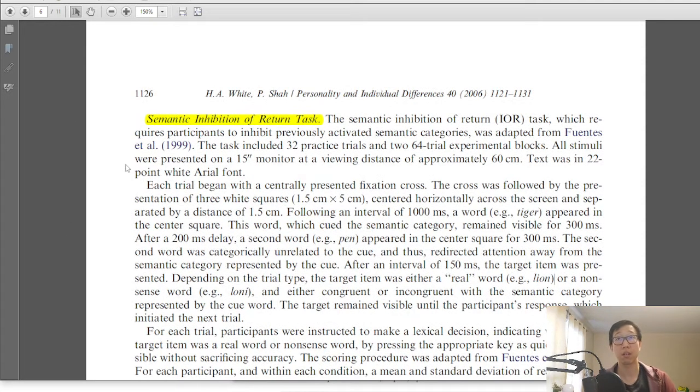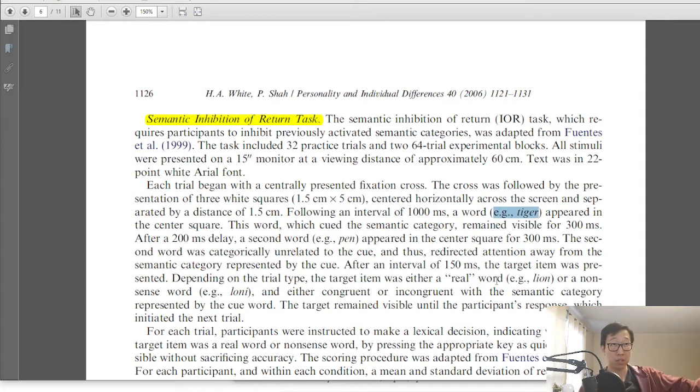The third test or task is semantic inhibition of return. And the idea is that the participant has to inhibit the previously activated semantic categories. So I hadn't seen this phrase before, and I'll explain it as I explain the experimental procedure here. So first, the participant is shown a word, for example, tiger.